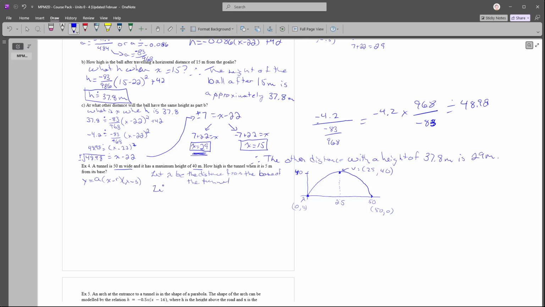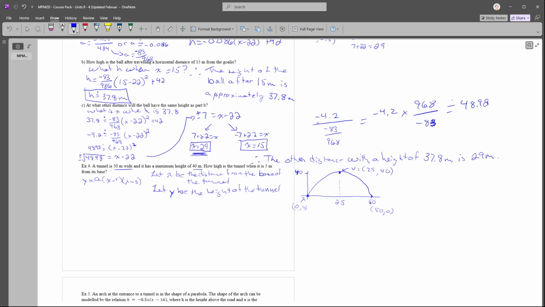And let's say let y be the height of the tunnel. There we go. So now we have our values, and we can substitute what we know in here.